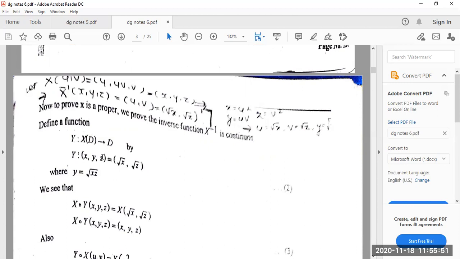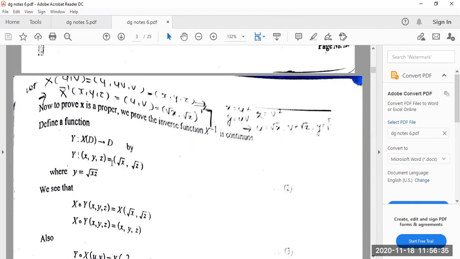For that we first have to write down x of uv. y of x, y, z is something in a 2D plane, or a subset of a 2D plane.